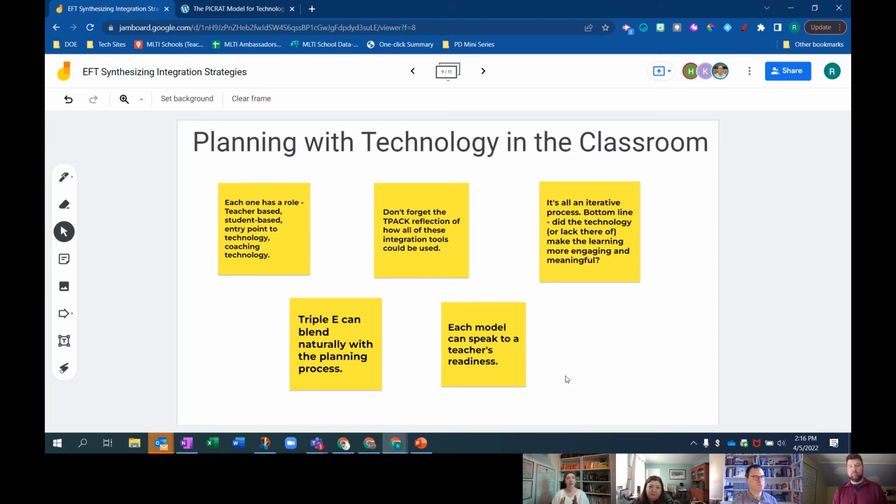There are different lenses to view them from that will make them appropriate or not. It's like a SAMR inception, where we've got our own SAMR for integrating technology for other teachers. We've got to figure out entry points for teachers as well, about what they're most comfortable with and how deep to go with them.